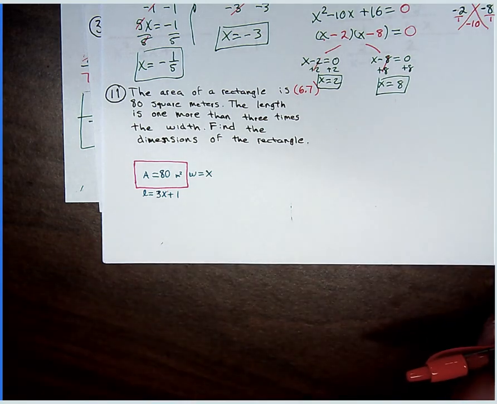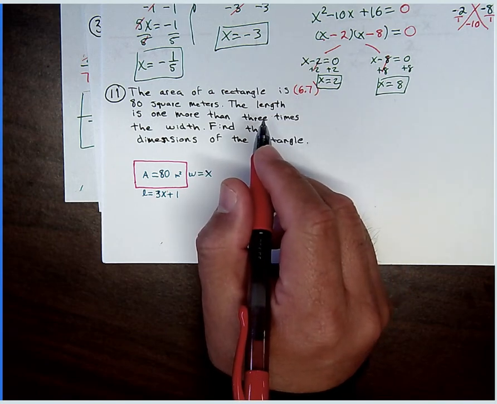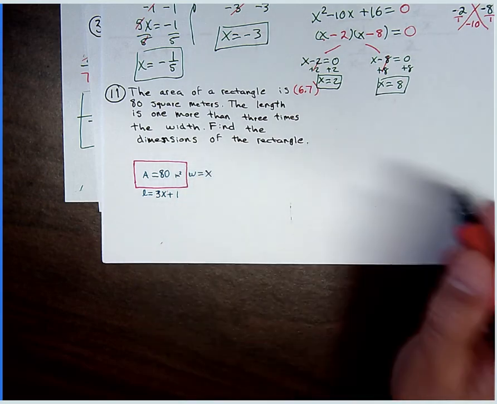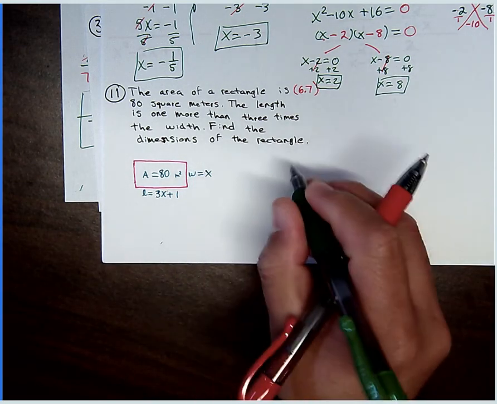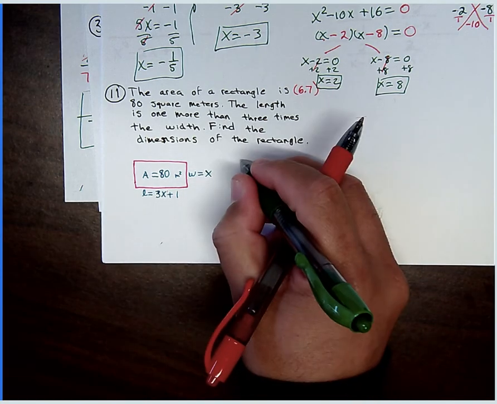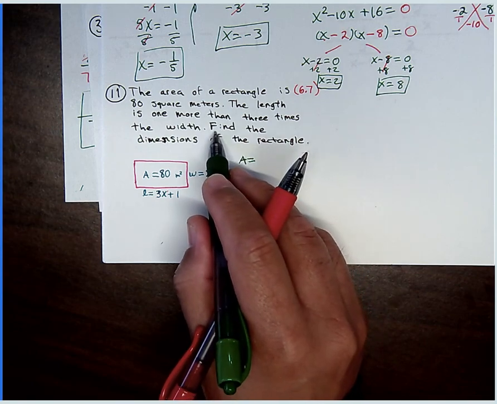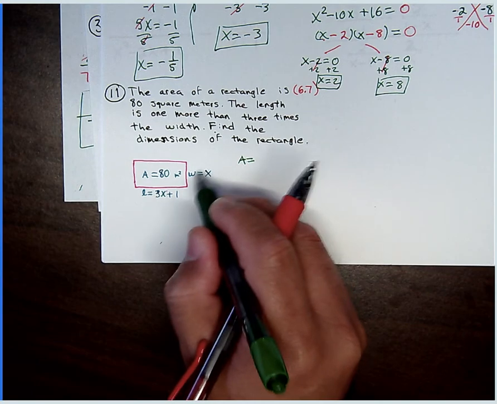Okay, and this is from section 6.7, which is this one. So how do we find the solutions of these? We're going to remember the area, because it wants us to find the dimensions of the rectangle. So they want us to find x, the width, and the length.